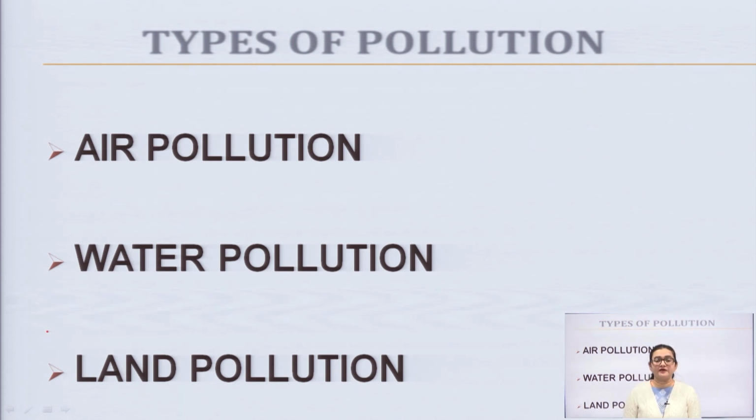Water gets contaminated with several sorts of salts, minerals, impurities, debris, domestic waste, industrial waste, etc. Then land pollution. Land pollution is the pollution of land with contaminants which are dispersed onto the soil, and these dispersed contaminants damage our land in a very bad way.